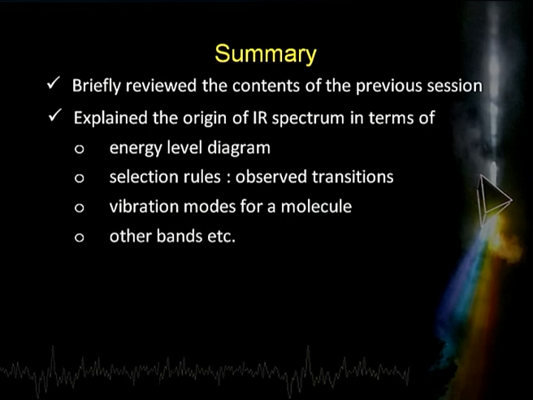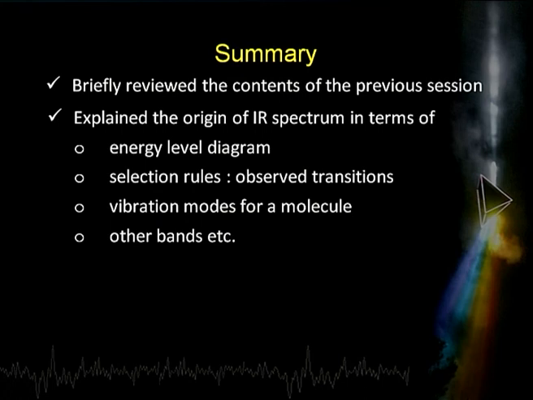Thereafter we made a mention of the possibility of getting other bands in the IR spectrum. We talked about combination bands, subtraction bands, or Fermi resonance, a wide variety of them. Then we even talked about certain possibilities wherein transitions are possible but are not observed.